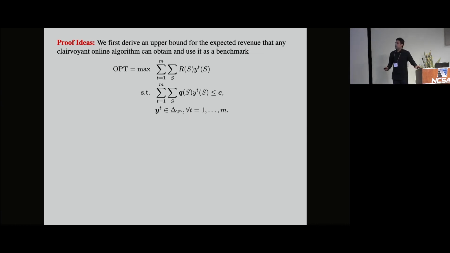So a typical approach here is that in order to design a good online algorithm, we have to look at the dual of this linear program and design our algorithm such that it generates a primal solution to this linear program.